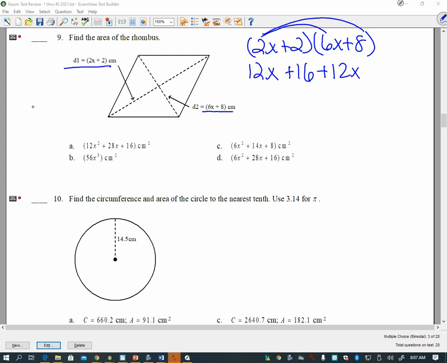And then what? 8 times 2 is what? 16. So now what? Combine like terms. 12x and 12x is what? 24x, and then what? What do I do at the end? Divide by 2. What do you get for an answer?